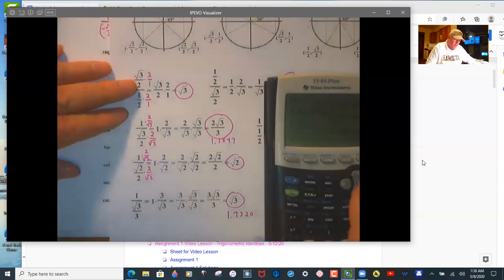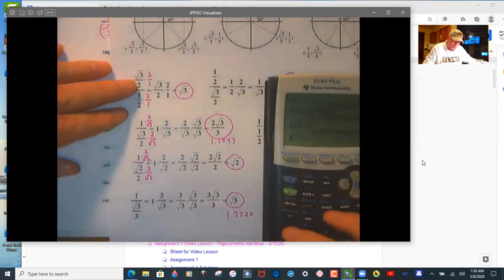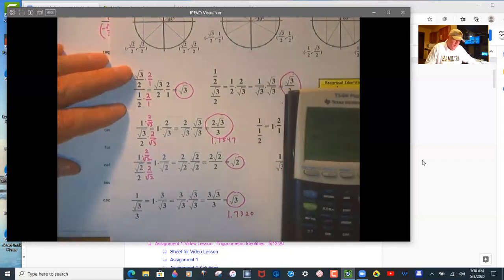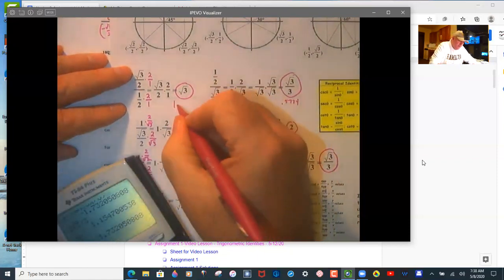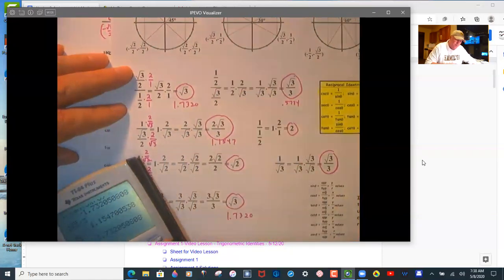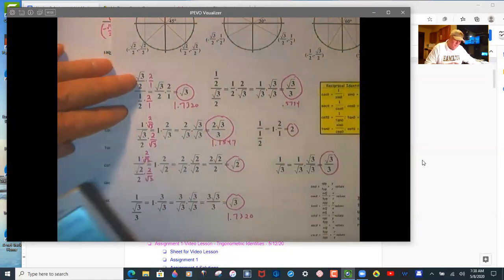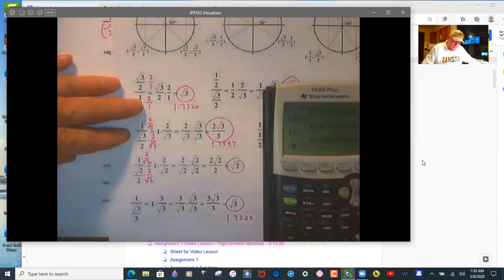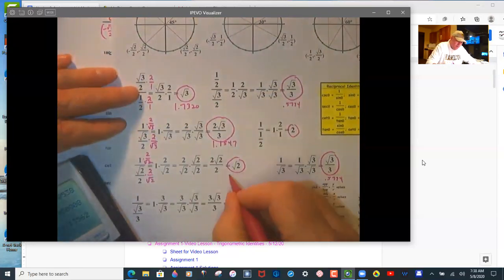And we might as well do the square root of 3 and the square root of 2 just to fill this page out. I guess we did the square root of 3 down there. 0.7320. And this is 0.5774. Just to be thorough here, so if you wanted to calculator this, you could. 1.4142.